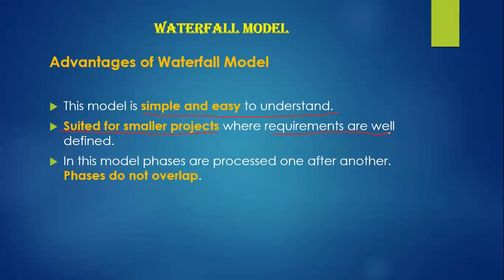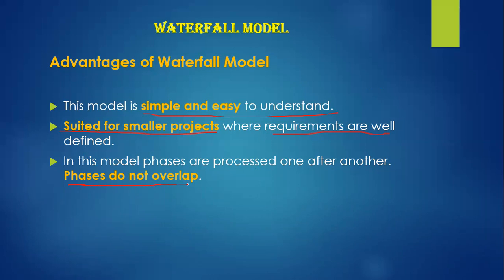This model has phases that are processed one after another, and phases do not overlap. That means you cannot perform multiple phases at the same time, and after completion of one phase you cannot go back to the previous phase.